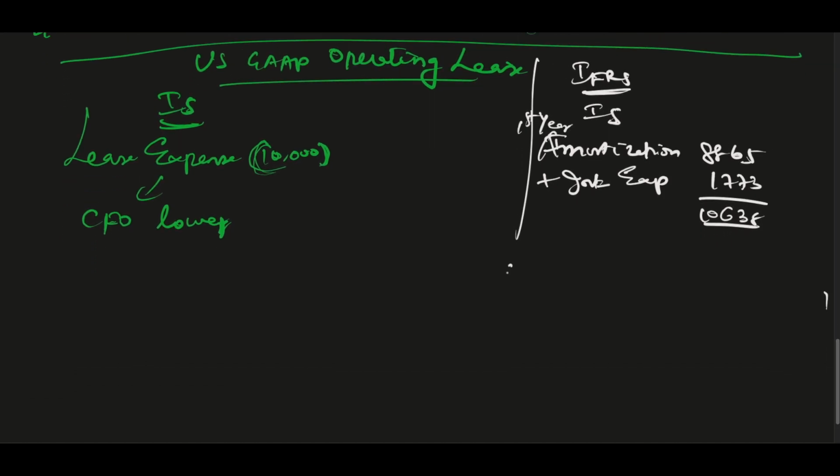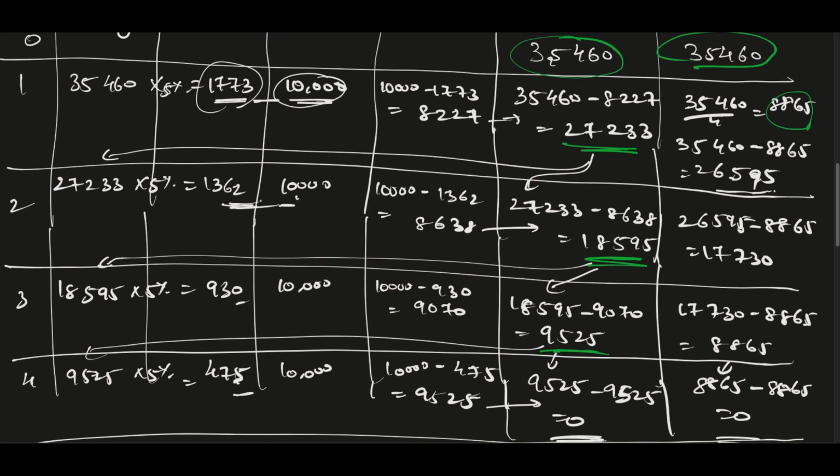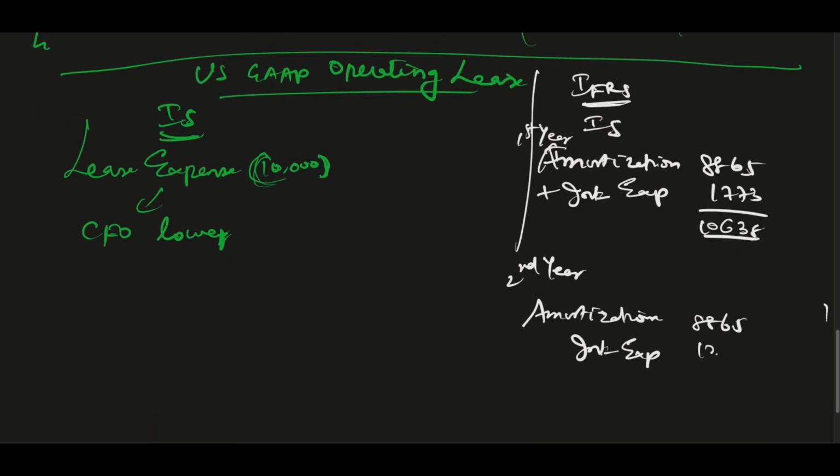For the second year, again I will show amortization, which is 8865, and the interest expense for the second year is 1362. So the total comes to 10,227.